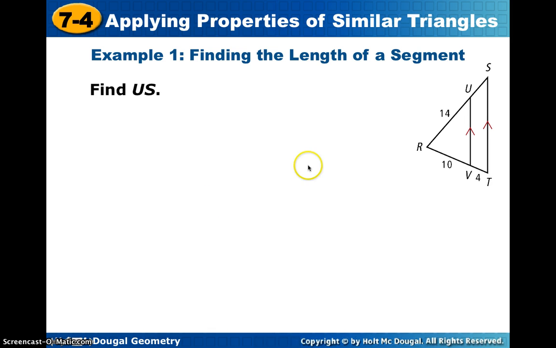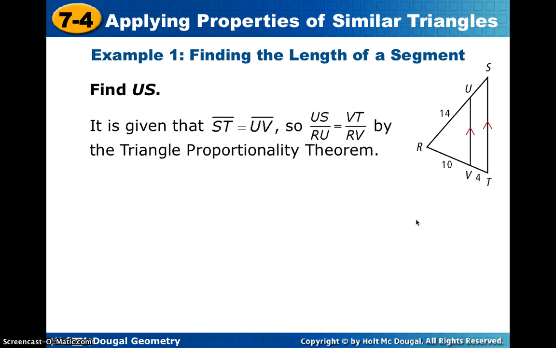All right, this example asks us to find US. We can see in this picture that the two lines here are parallel. So what we have to do is make a fraction of the two sides using the pieces that go together and the fraction of pieces on this other side, and then we'll be able to cross multiply to get the answer.